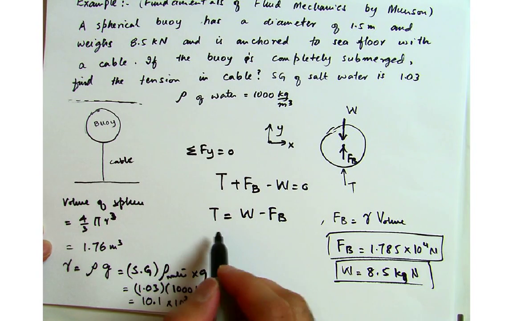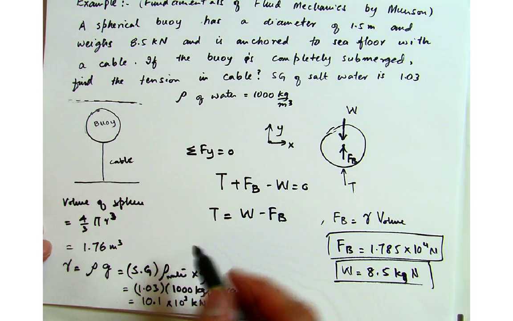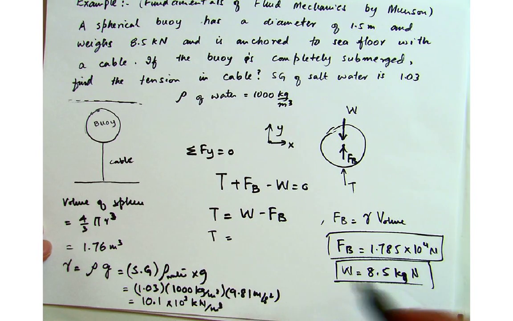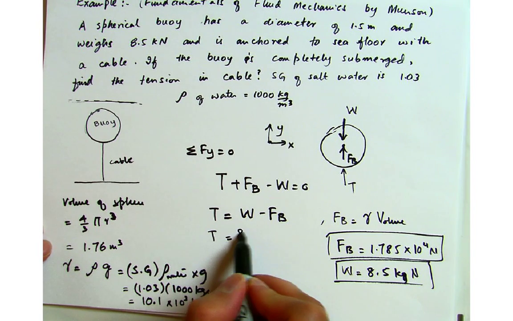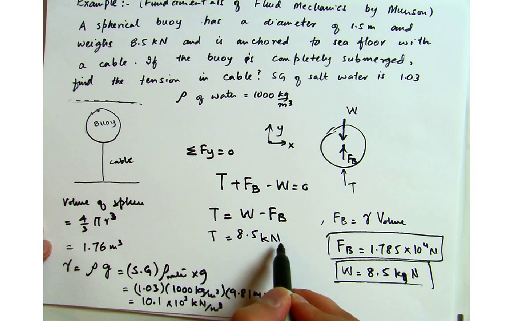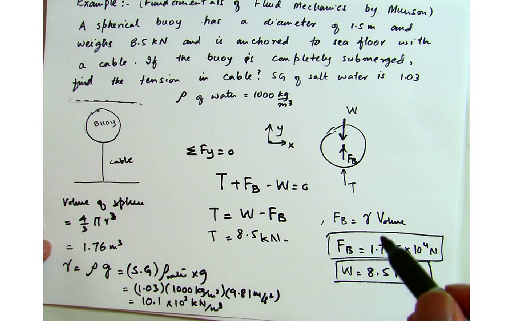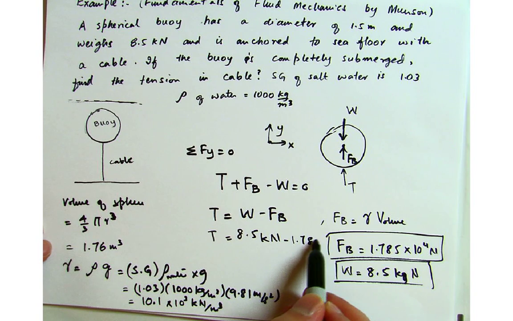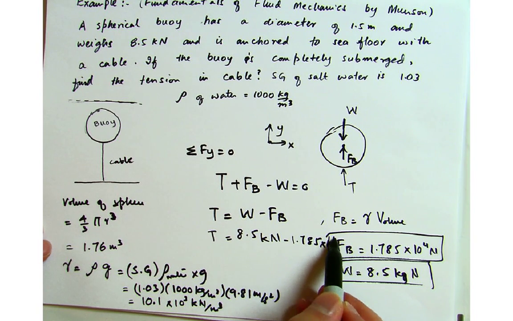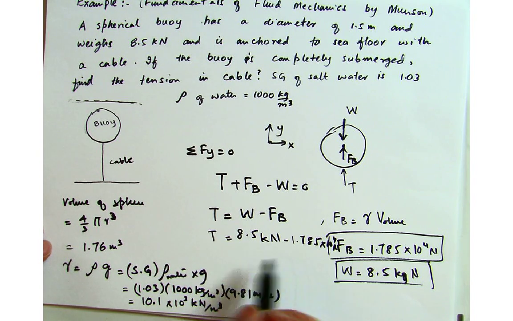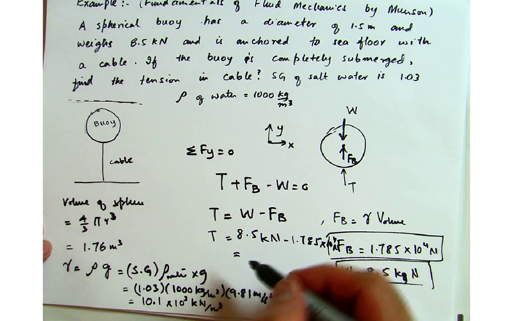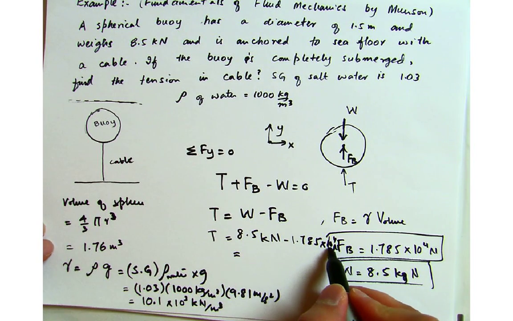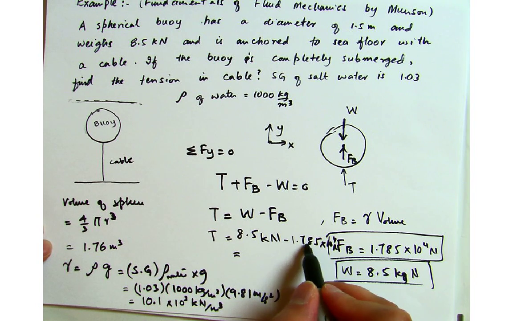When I solve these together, the tension is 8.5 kilonewtons minus 1.785 times 10 raised to the power 4 newtons.